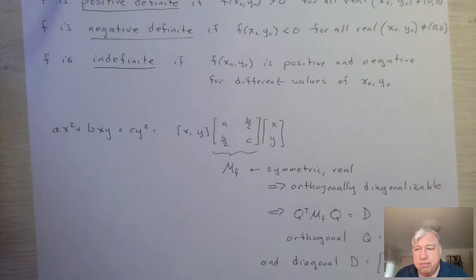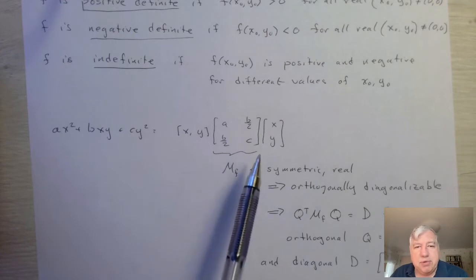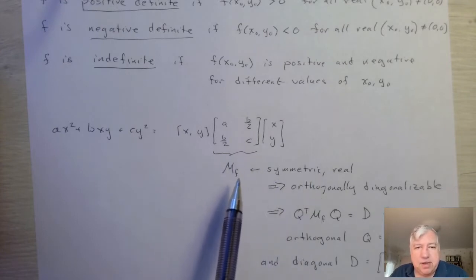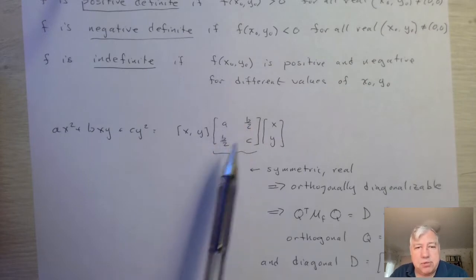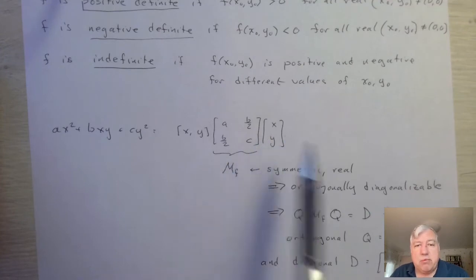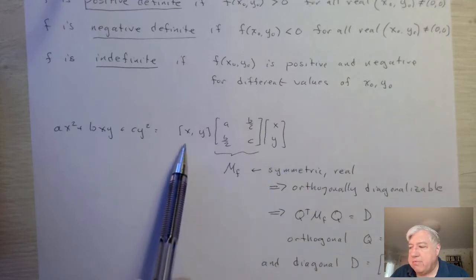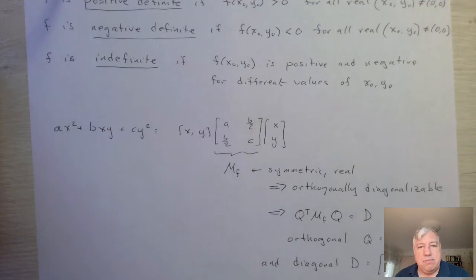It turns out this expression can be written as a product of matrices, where we have this matrix M_f, as we call it, with entries a, b over 2, b over 2, c. If we multiply it on the right by the variable vector xy, and on the left by the row vector xy, we get a one-by-one matrix where this is the only entry.